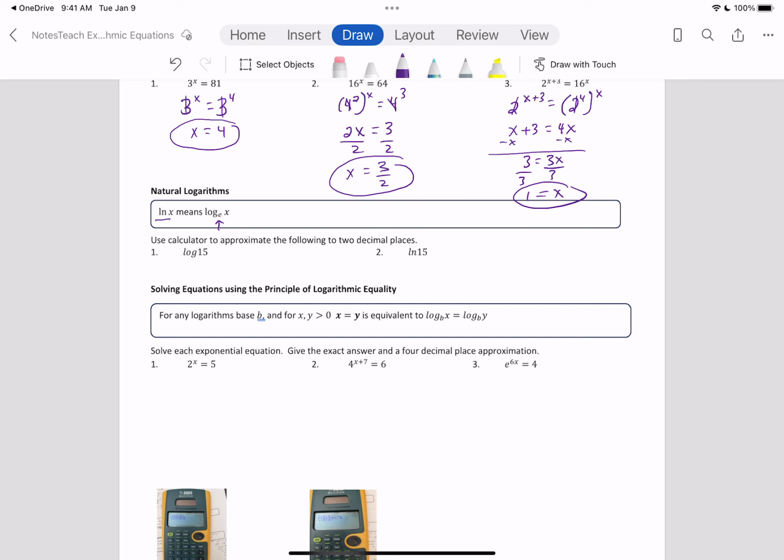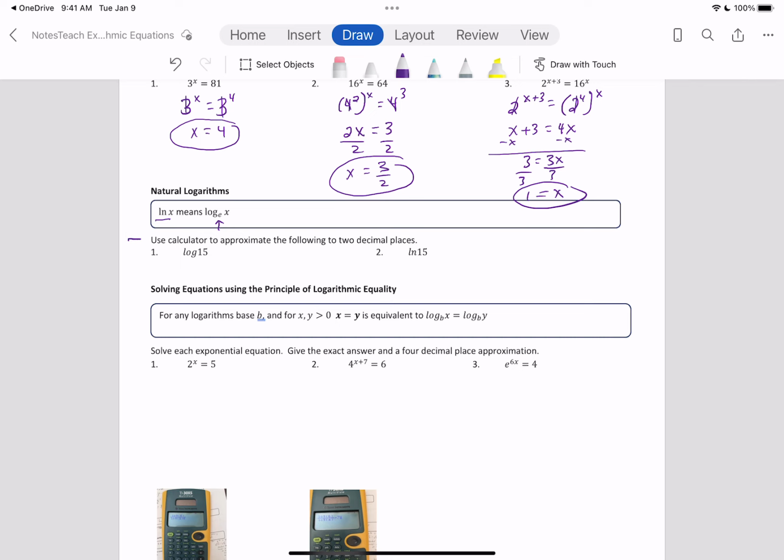So e is a number in math that has been defined. For us, all we need to know is that ln will undo e, just like log will undo an exponential.